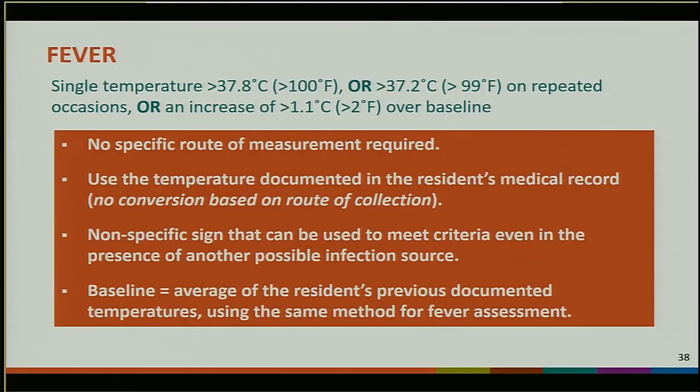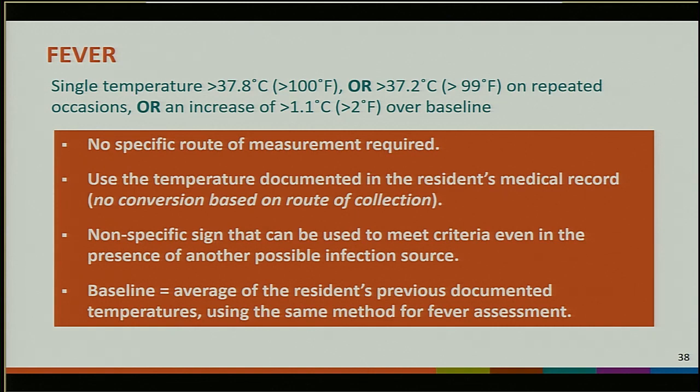NHSN does not require a specific route of measurement. So we don't say, oh, it must be rectal or tympanic. It's whatever route of temperature measurement your facility implements. And the temperature documented in the resident's medical record is what you use. No conversion based on the route of collection. We don't ask facilities to do that because it gets confusing, and then it's not easy to compare between facilities.